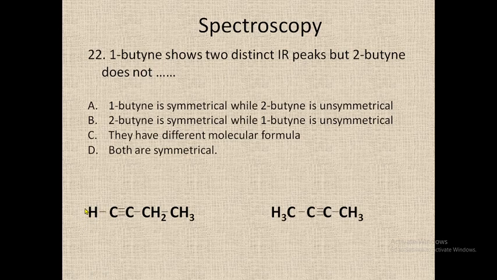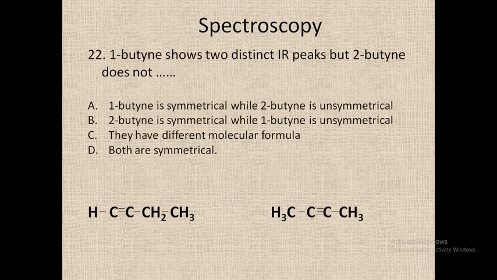It's very important, and that's why we can easily distinguish 1-butyne and 2-butyne. So 1-butyne can show CH stretching frequency as well as C triple bond C stretching frequency, but in case of 2-butyne, it's a symmetrical structure and hence it will not show that stretching frequency.